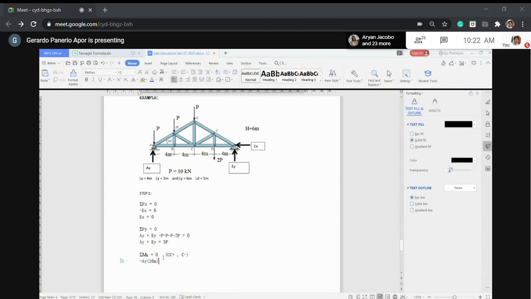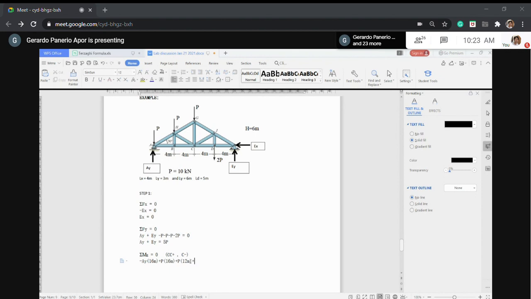Then another, you have the P that acts on A. That's positive, and you have 16 there, still 16. In another P, positive again, this time this P is nearer. The perpendicular distance is only 12 meters.